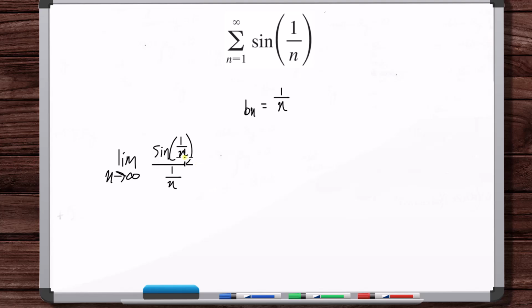So we divide a sub n by b sub n, but if we let theta equal 1 over n, as n approaches infinity, theta approaches 0. So we've got sine of theta over theta, which is equal to 1. That's greater than 0. We know this is divergent, so that means this is divergent.